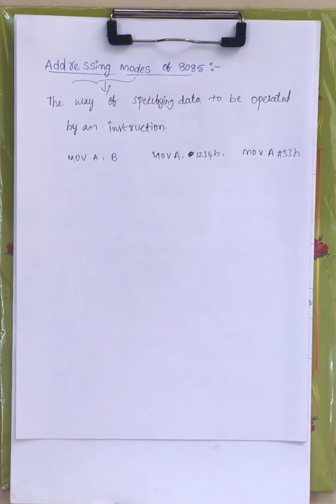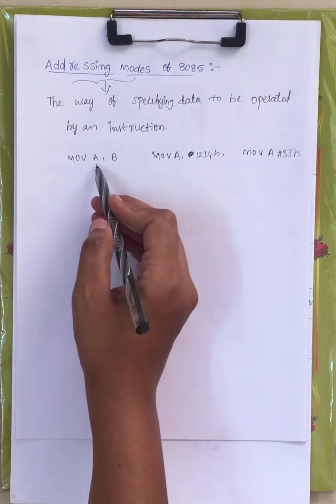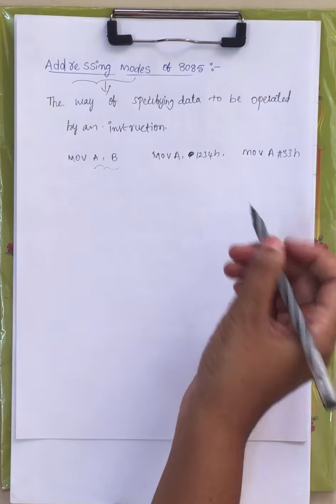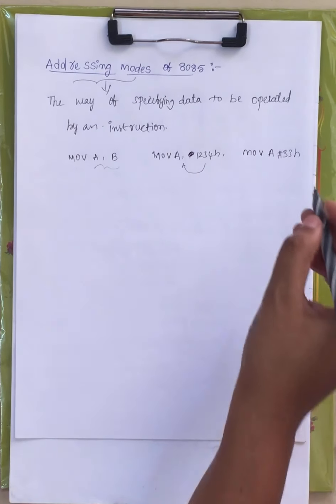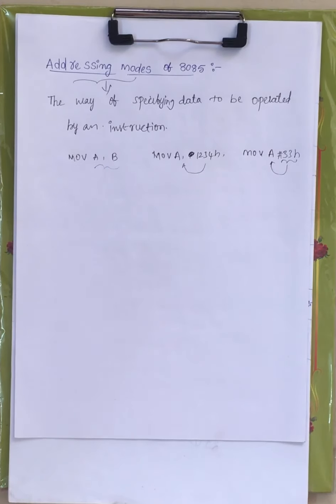If you see the MOV instruction, it may occur between two registers, moving data between two registers, or moving data from a memory location to a register, or moving the immediate data specified within the instruction to register A.